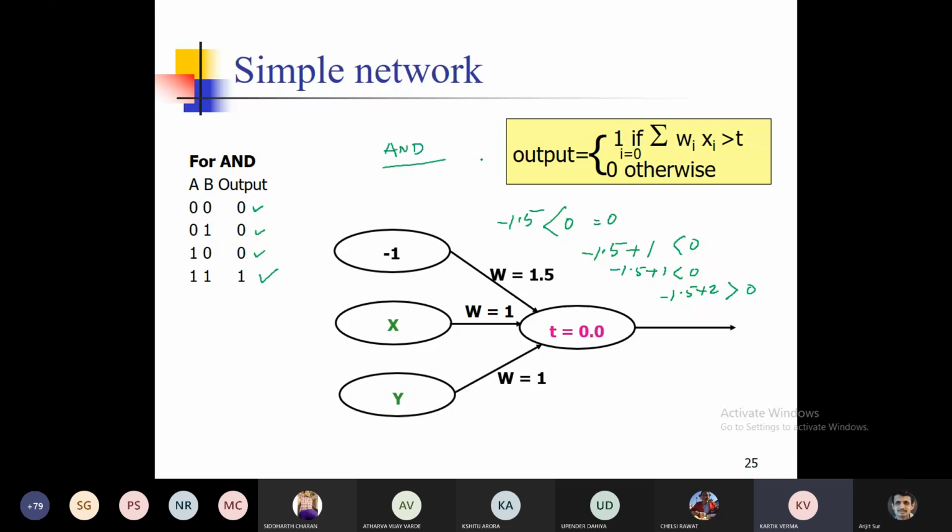Okay. So if I say, can you go for an OR gate in this way? Can you say what will be these values? Can you say it for the OR gate?